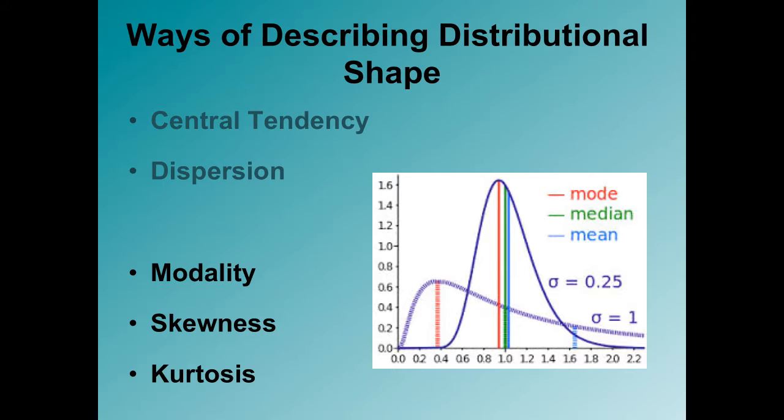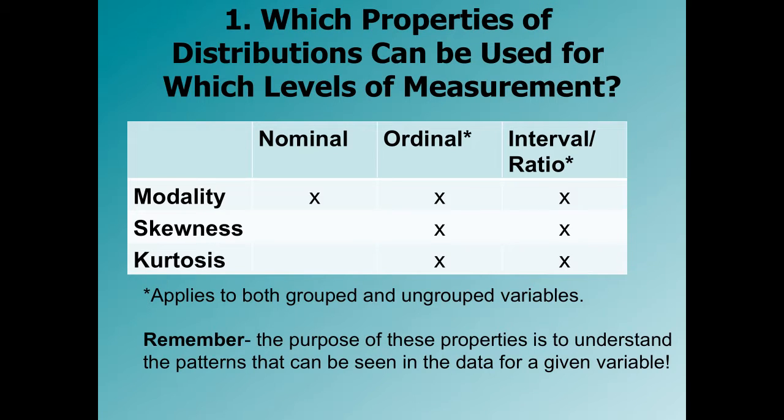So the ways of describing the distributional shape would be central tendency, which we just covered, dispersion, which we just covered, and also modality, skewness, and kurtosis. Especially for skewness and kurtosis, we're going to have to start taking the mean and the median into account, which means that skewness and kurtosis are not going to apply for nominal, because remember, nominal is categorical, so you're not going to have numbers there.